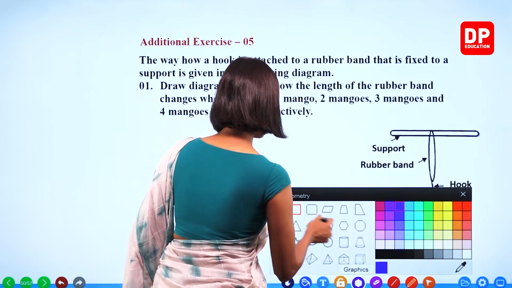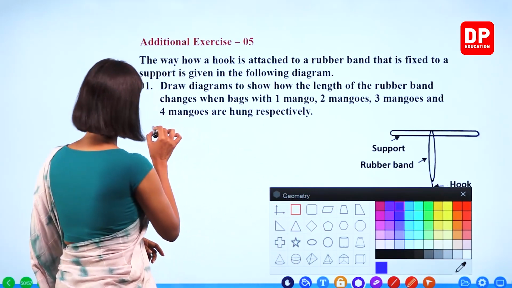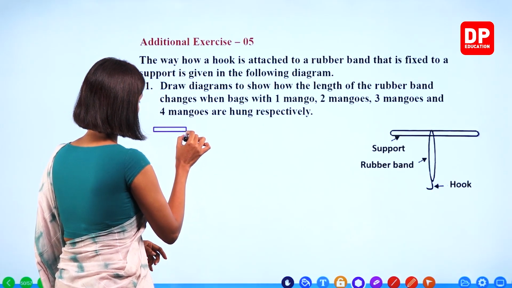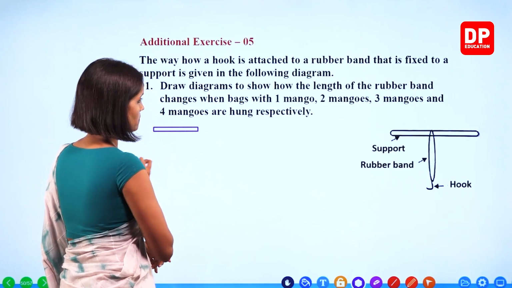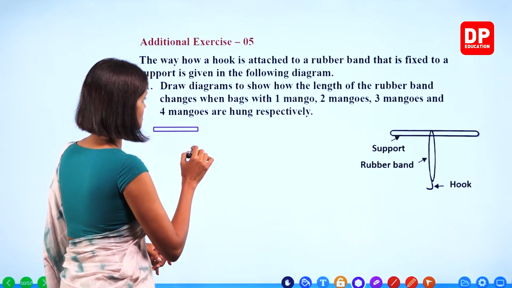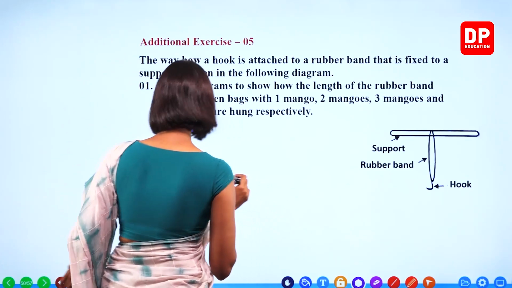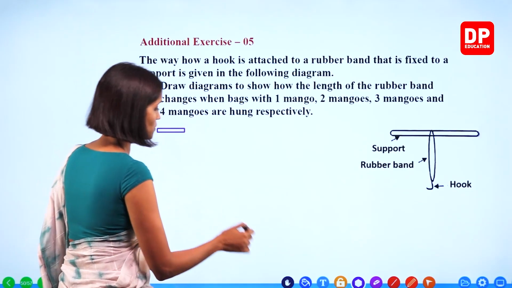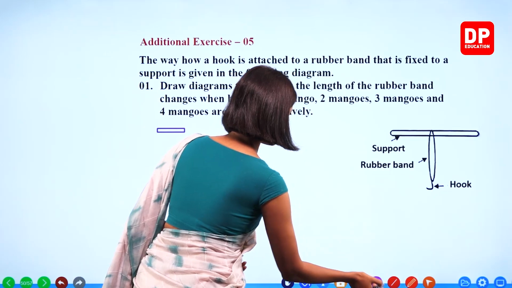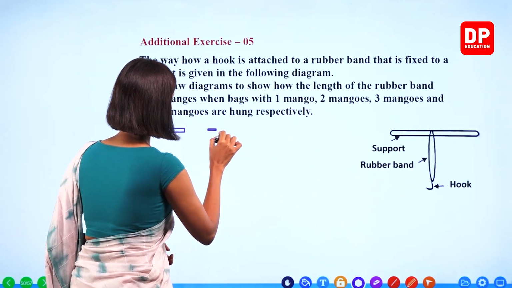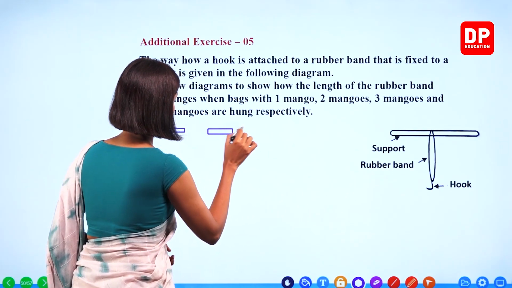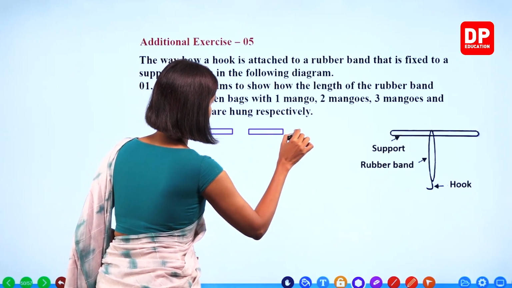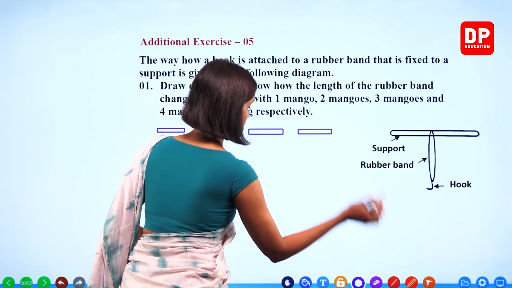First of all, we will draw the support and then the rubber band. We'll draw the support all 4 at the same time. We need to draw 4 instances.